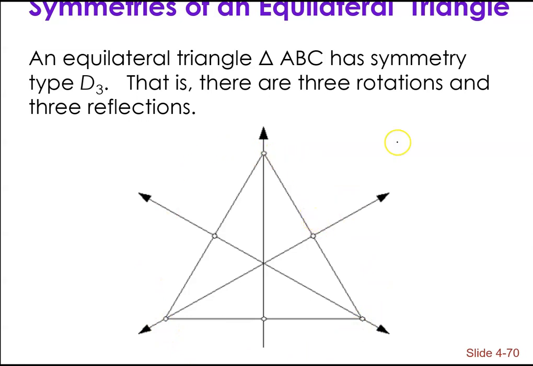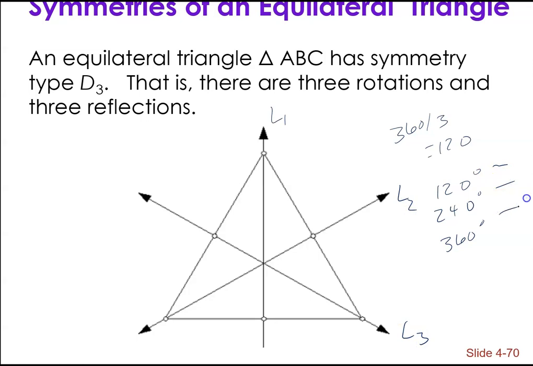So I'm thinking about 360 divided by 3 gives me 120. Every time I add 120, so then I get 240, then I get 360. Here are the 3 rotational symmetries. So you have 1, 2, 3 reflections, and 1, 2, 3 rotational ones.